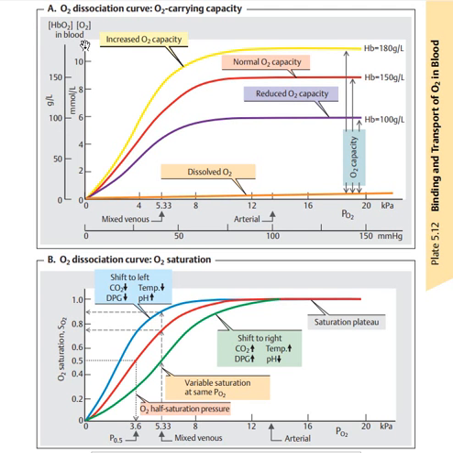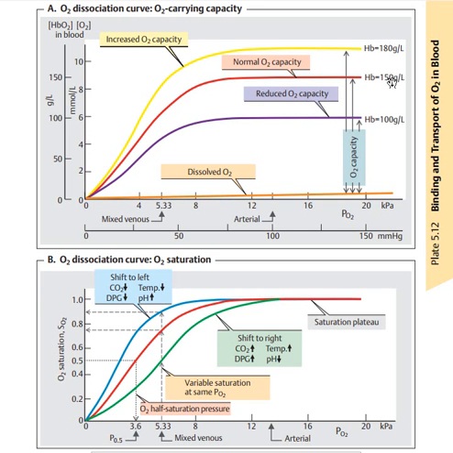Here you are going to have the concentration of oxygen with respect to the partial pressure of oxygen. So you need to know that if you have a hemoglobin level of 100 grams per liter, you are going to have an oxygen concentration of less than 6 millimoles per liter of blood.